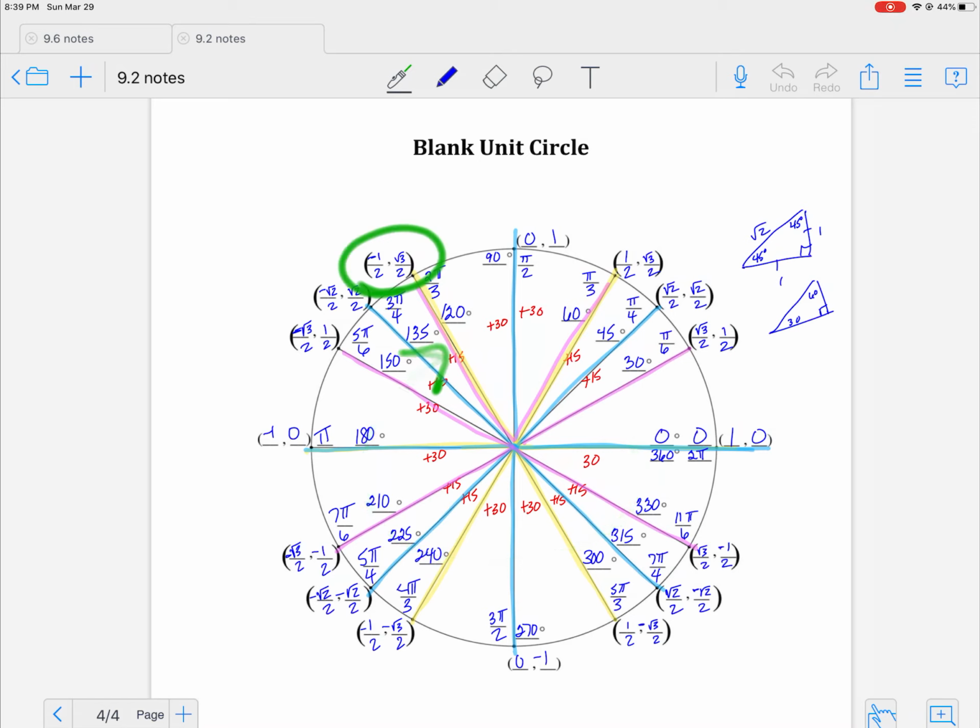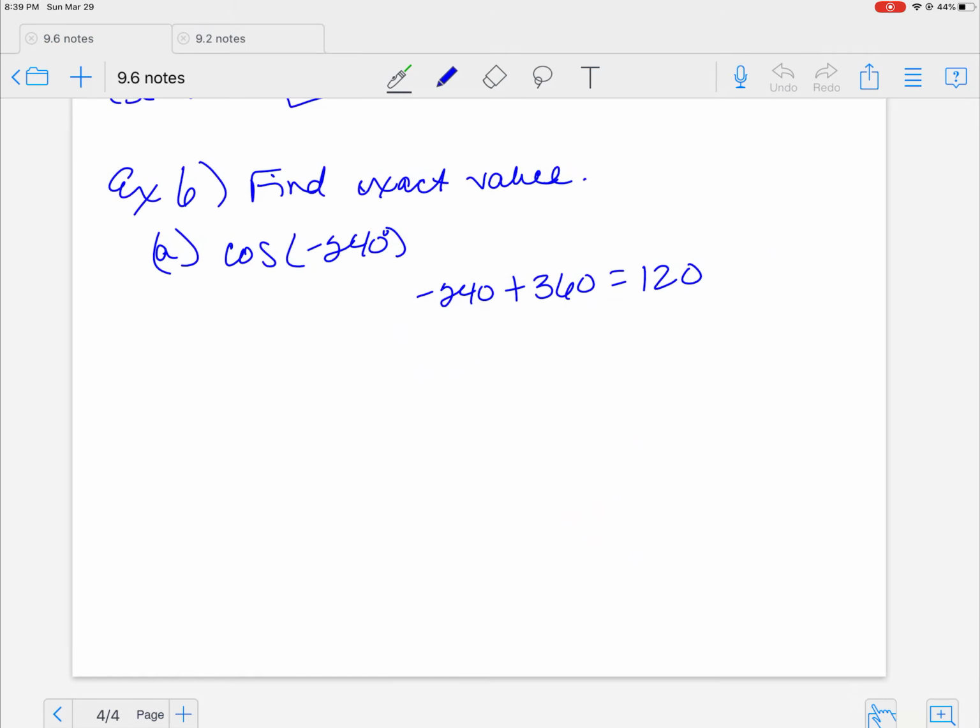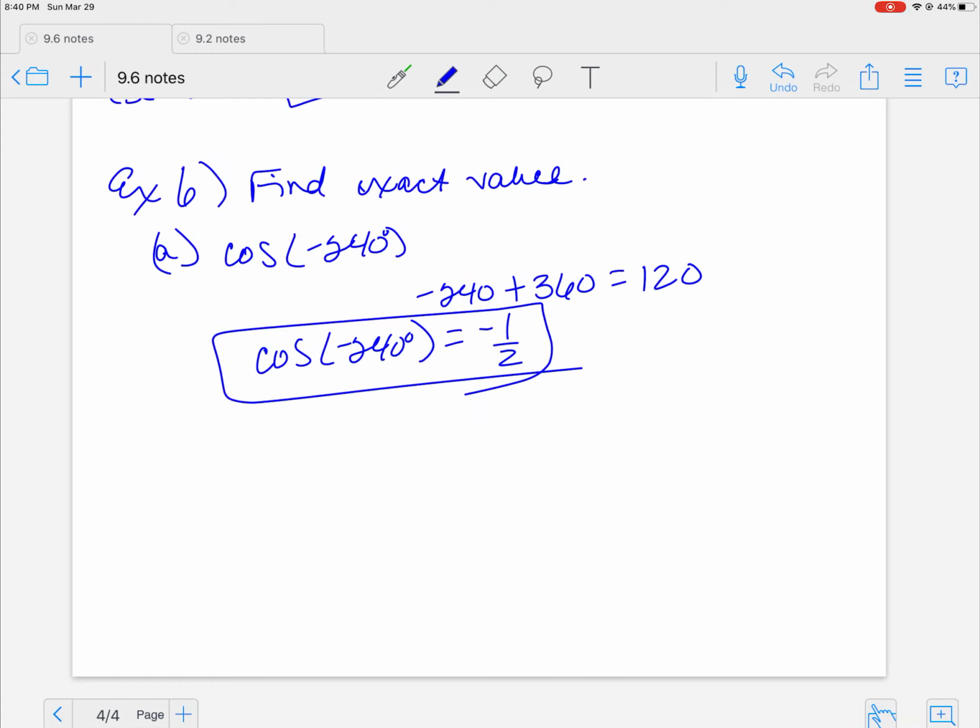I'm looking at 240 is right here, right? If I take this all the way around. That means if I'm going negative, I'm going in the other direction. And that's how we get up here to the 120. And those are my values. Negative 1/2, square root of 3 over 2. So if I want to find the cosine of this, that's going to give me that negative 1/2. So the cosine of negative 240 degrees is that negative 1/2.